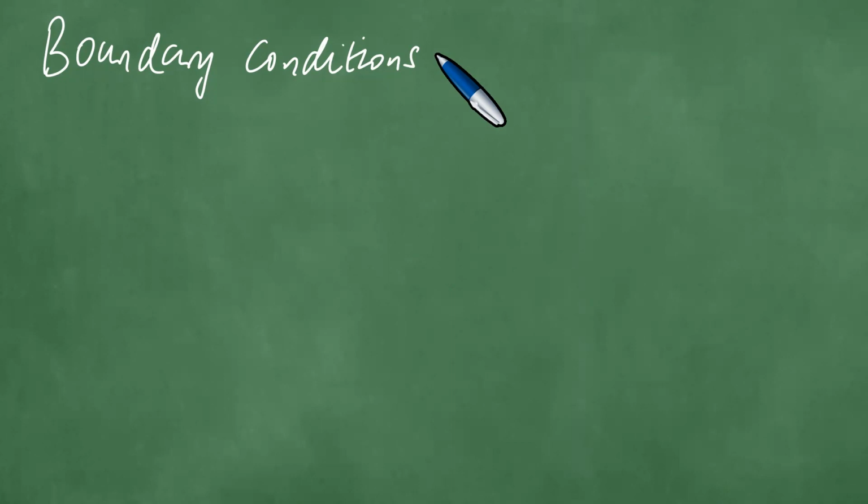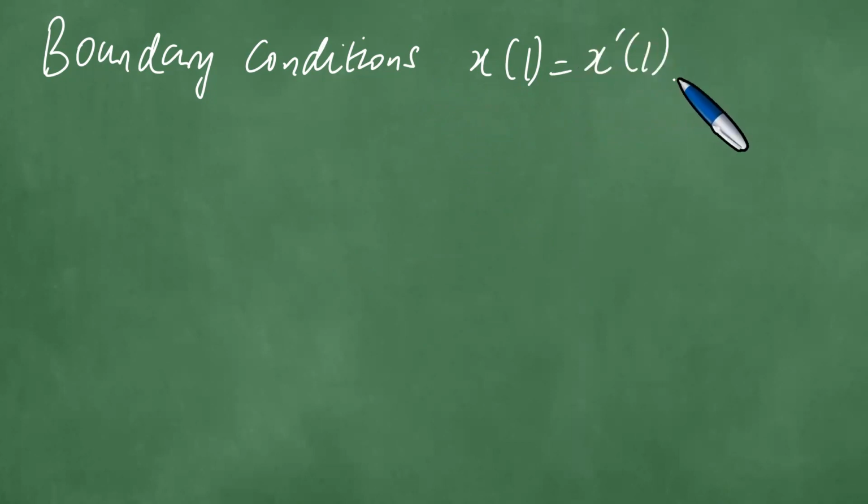I know that we have written the boundary conditions first, but now we're going to write them again. So the boundary conditions here are x of 1 equals x primed of 1, and then x of 3 equals 0.